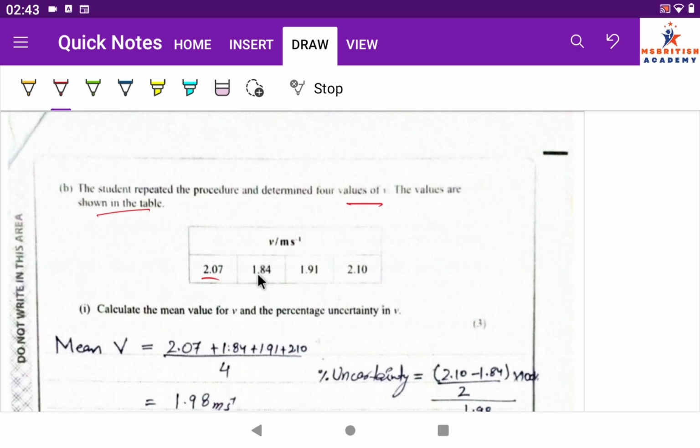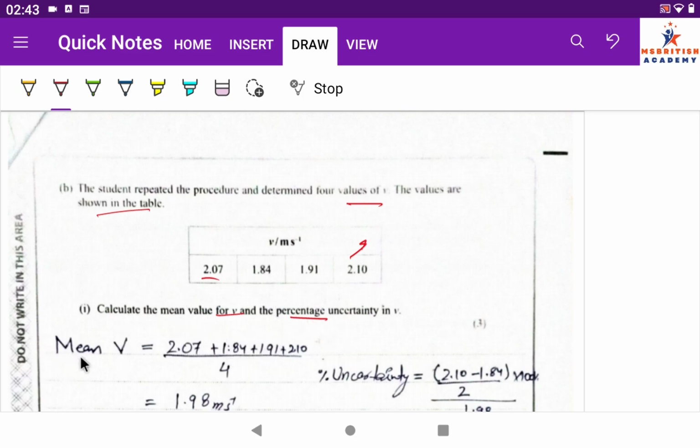In the second attempt the velocity is 1.84. Third attempt 1.91, and in the fourth attempt 2.1, and it's the maximum velocity. So calculate the mean value for v and the percentage uncertainty in v, meaning velocity.